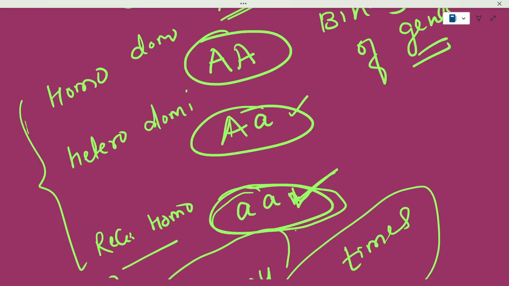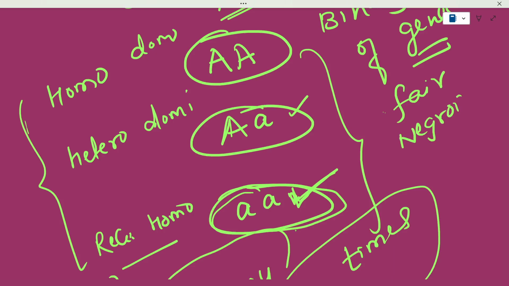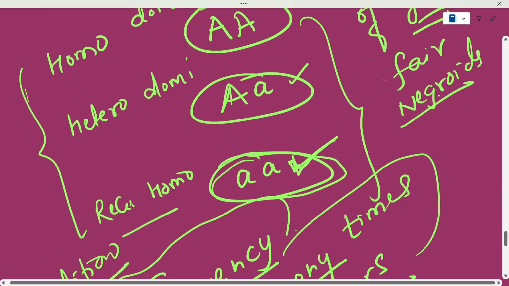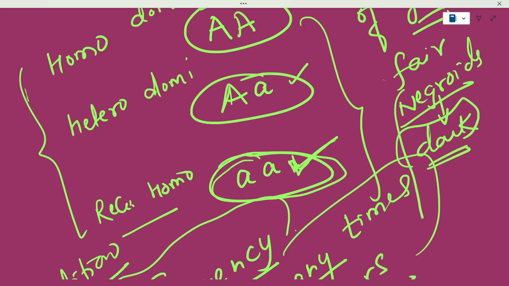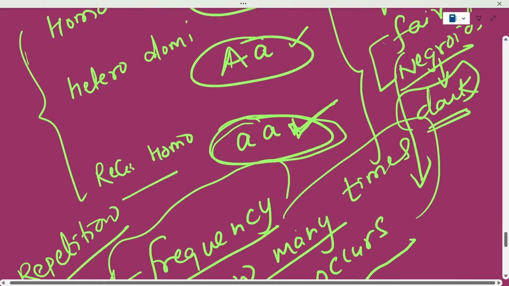So let's take another example here. I'm talking about a gene of fair complexion among negroids. As you know, negroids are mostly of dark complexion. This will not be difficult to understand. The frequency of fair complexion among negroids will be very less.